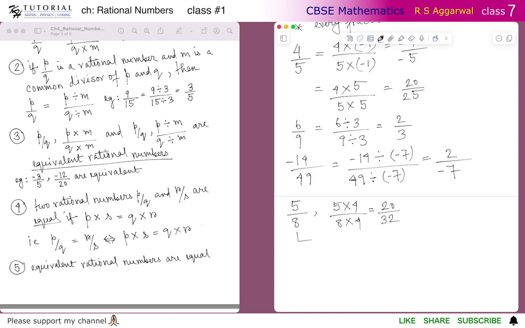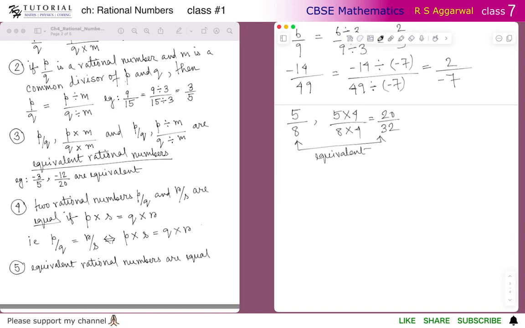So these two rational numbers are equivalent. They are equivalent because I have obtained 20 by 32 from 5 by 8 by multiplying the numerator and the denominator by 4.